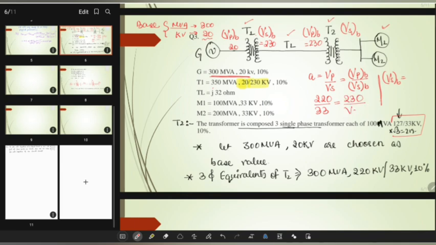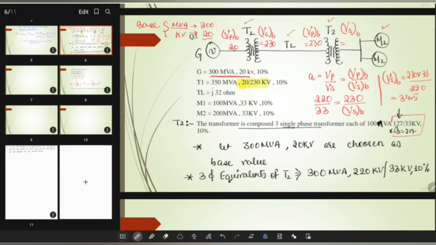What is Vs base? So Vs base will be 230 into 33 divided by 220. Okay, so this will give you 34.5 kV.